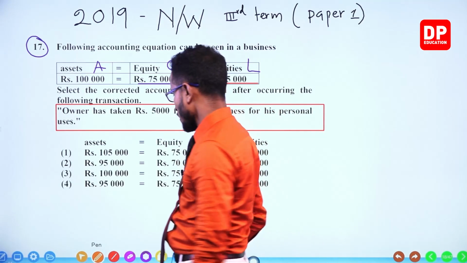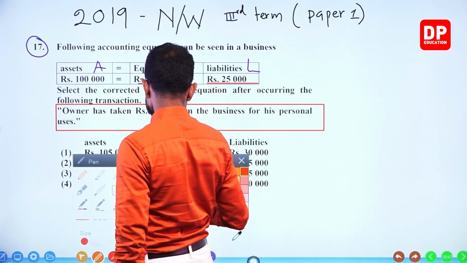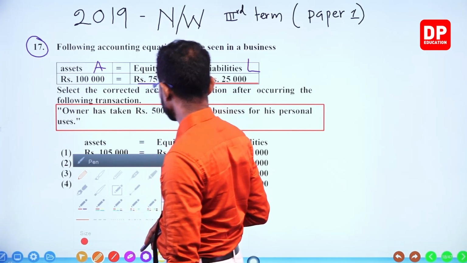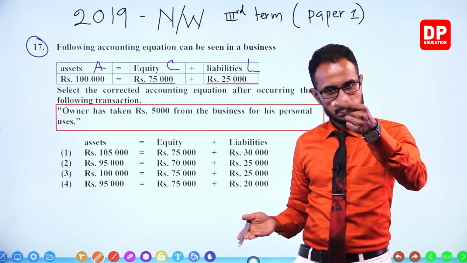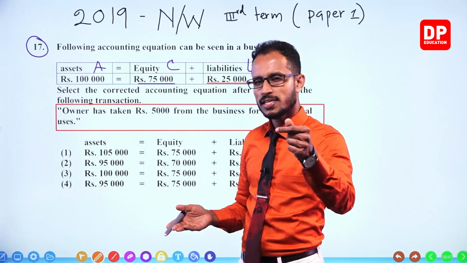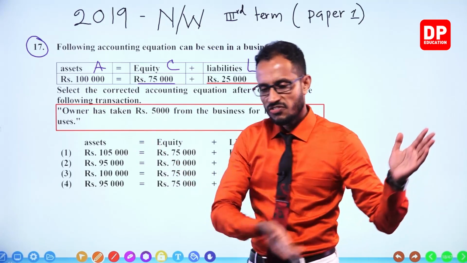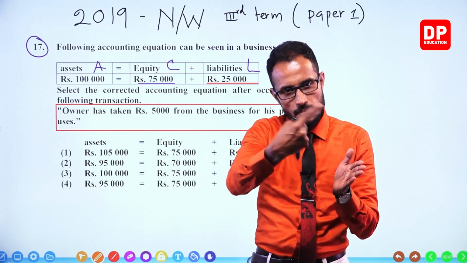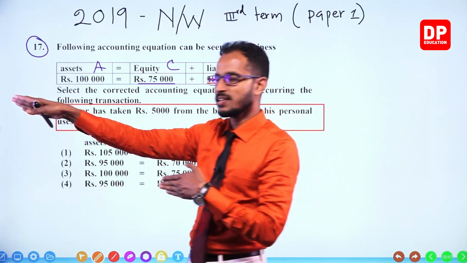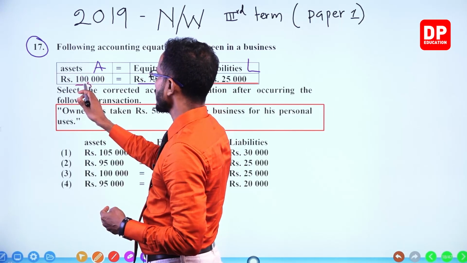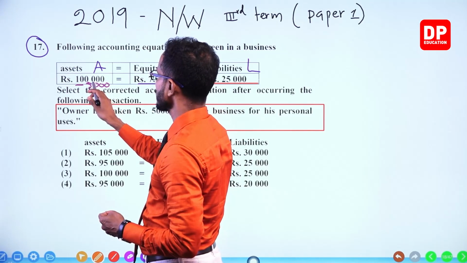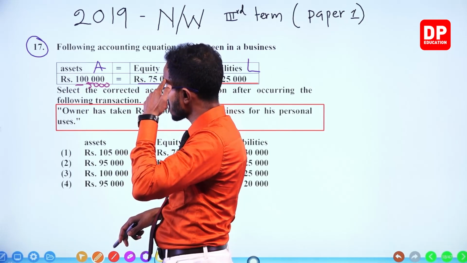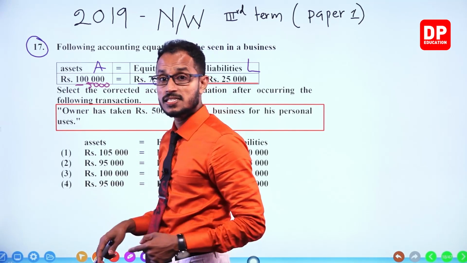Let me tell you, the owner has taken 5,000 out of the assets. 5,000 means cash. Cash is an asset. So if he has taken money from the business, money decreases. So here 5,000 decreases under assets.